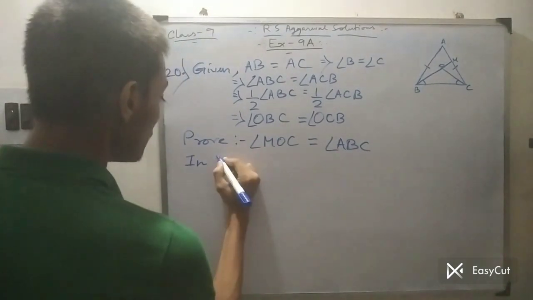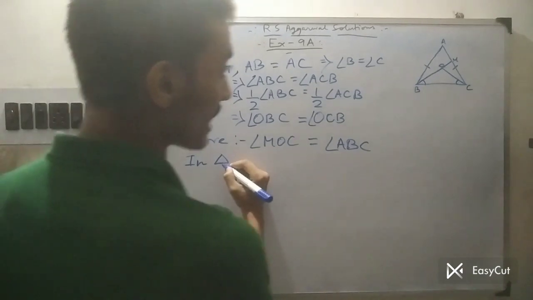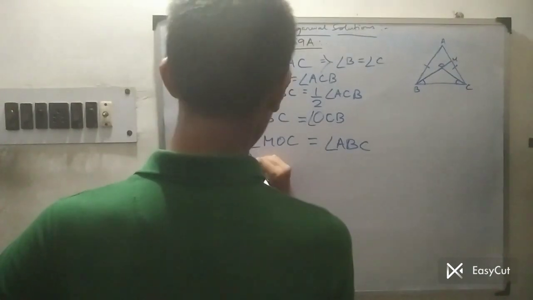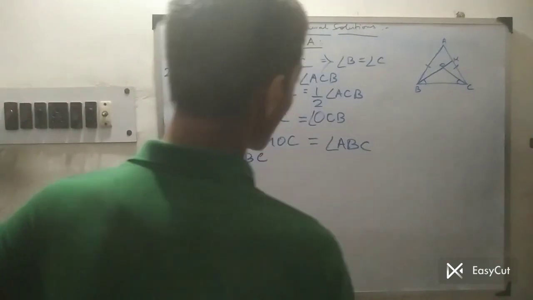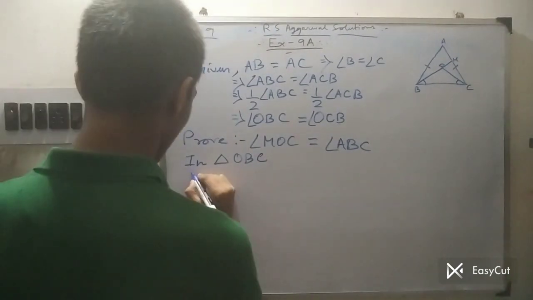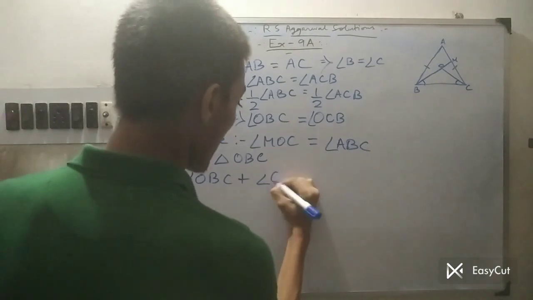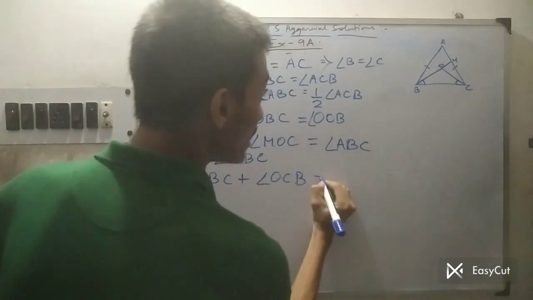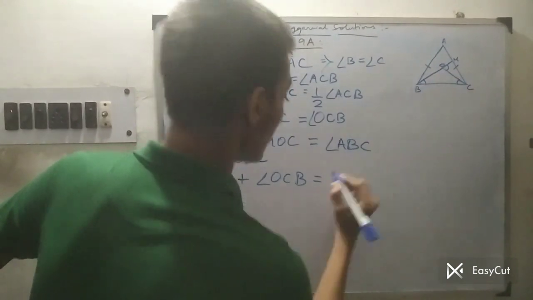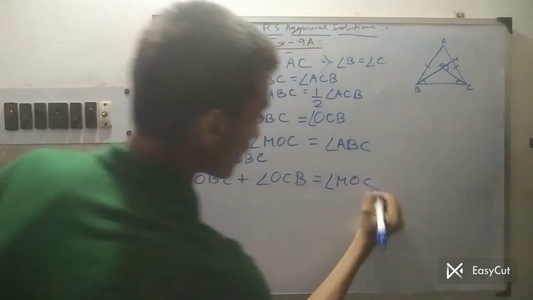Now, in triangle OBC, what we have? Angle OBC plus angle OCB is equal to angle MOC.